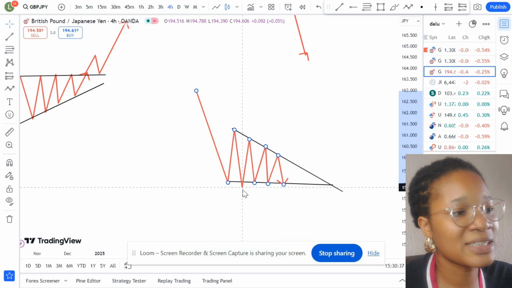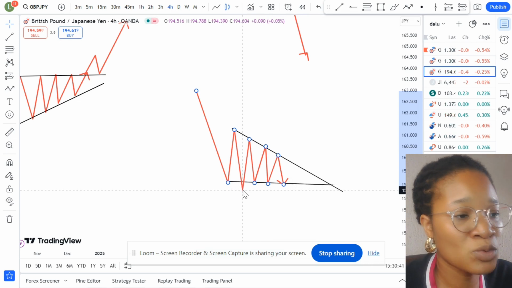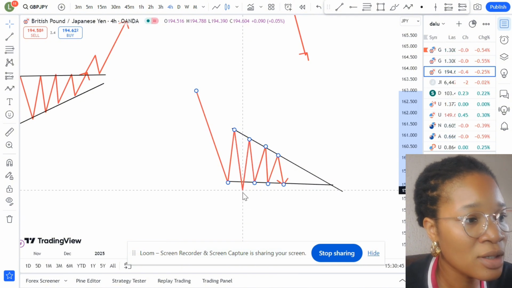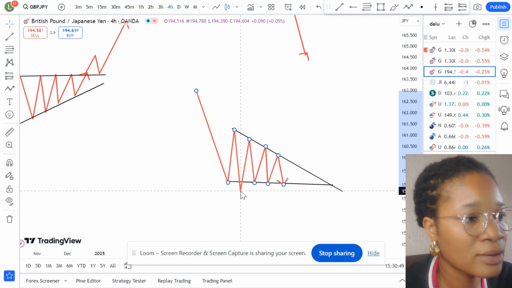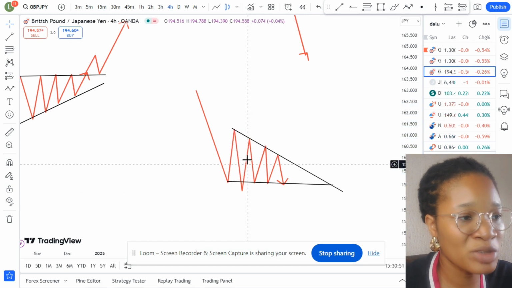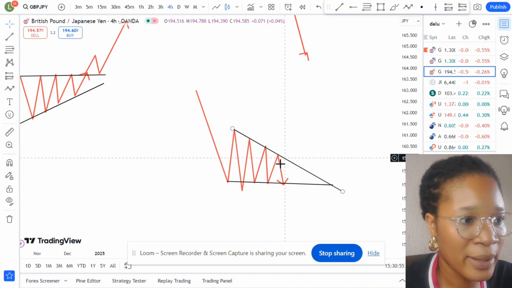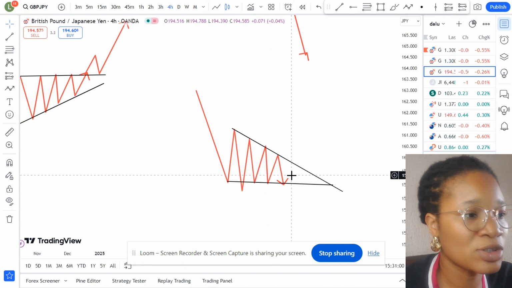Price will just break this out, and a lot of traders will think that price is ready to continue the sell movement. Meanwhile, it is not ready. It will just take people out quickly, come back into the range, and then continue to sell and buy just within that range, right?